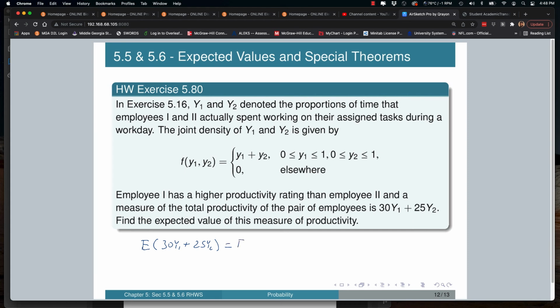Since we're finding the expected value, we can bring the constants out and separate the expected values apiece. So we can do 30 times the expected value of y sub 1 plus 25 times the expected value of y sub 2. That's what we really want to find. So we need the expected value of y sub 1 and y sub 2, essentially, in the long run.